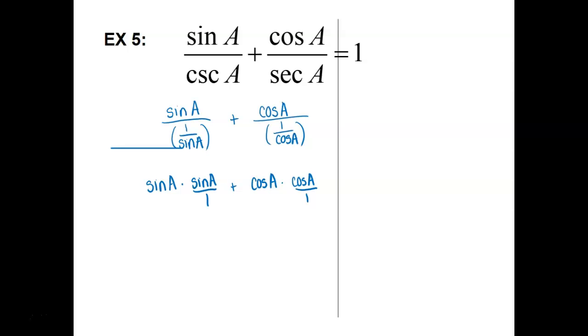And light bulbs come on, choirs of angels start singing. And sine A times sine A is going to be sine squared A. And cosine A times cosine A is cosine squared A. And then sine squared A plus cosine squared A just equals 1. So we can bring this on down. Okay, questions?